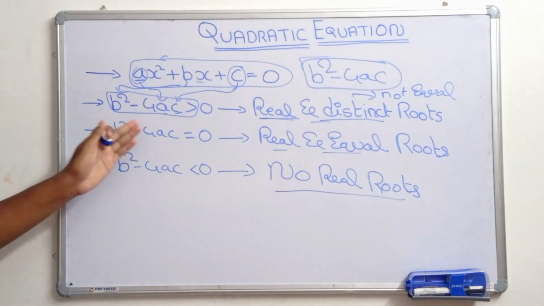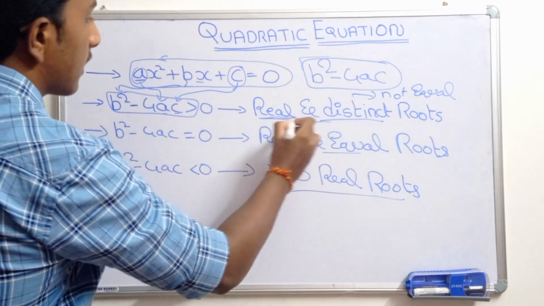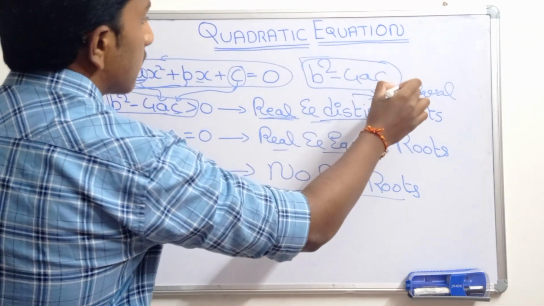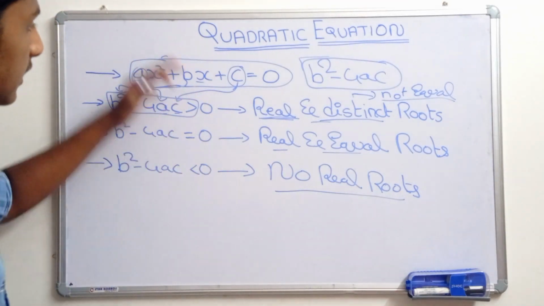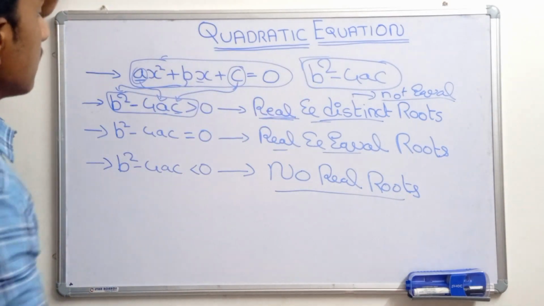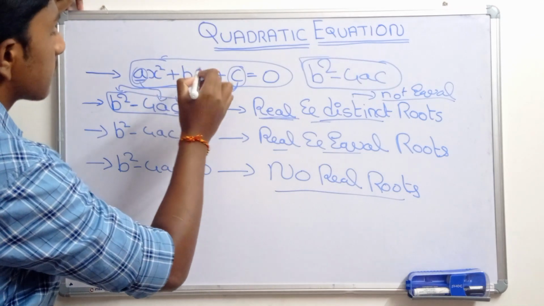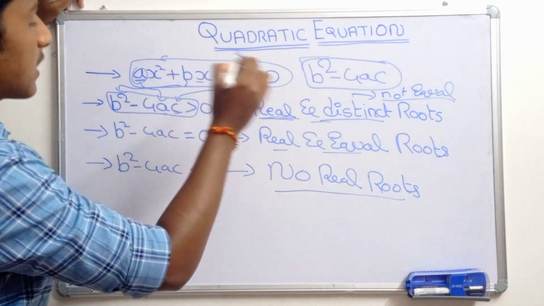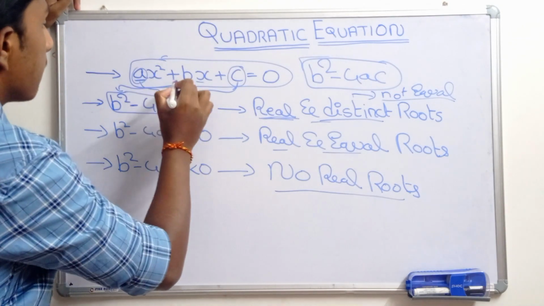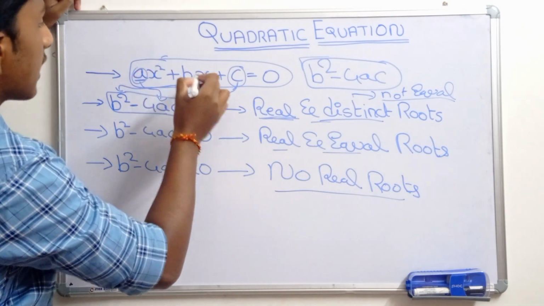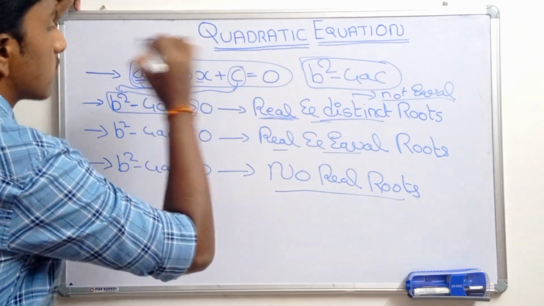Guys, is it clear? You are all aware of real roots, and distinct roots means the roots are not equal. I am repeating the complete thing again. ax square plus bx plus c equals 0 is the given quadratic equation. So a and b are the coefficients of x square and x respectively, and c is the constant term.